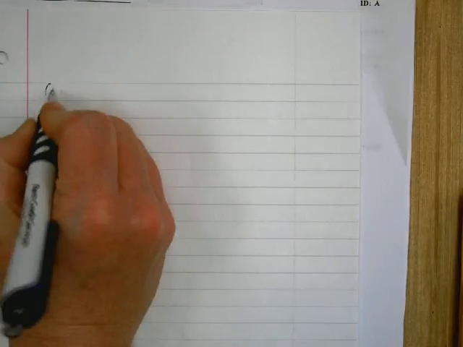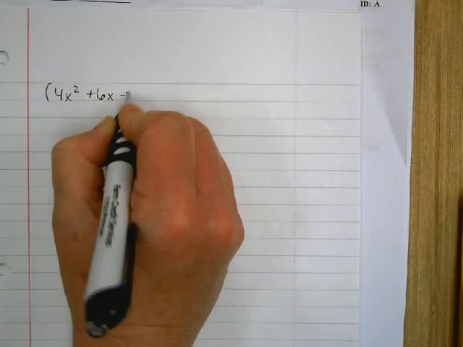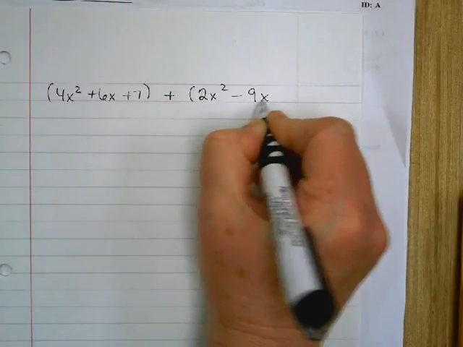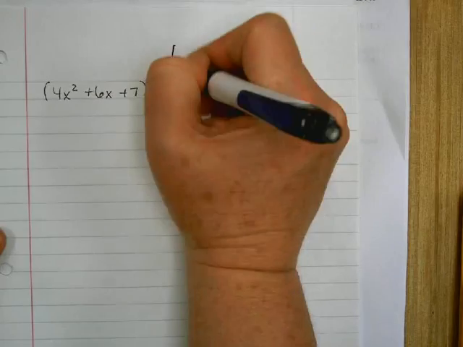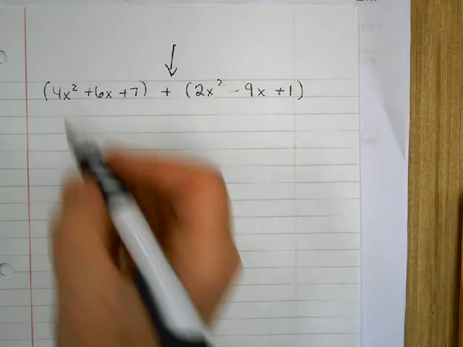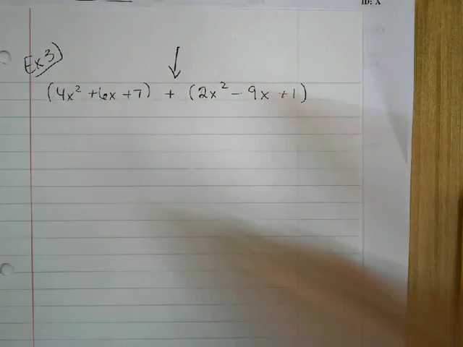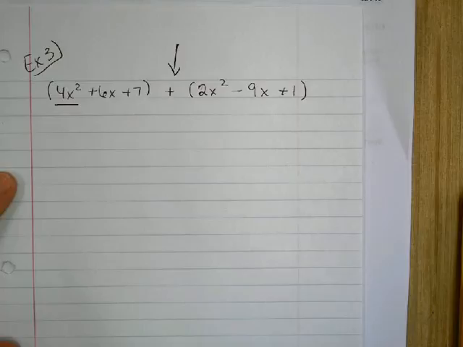Well, they're going to ask you to add these things together. If the symbol between the two, this is example 3, is an adding sign, it's a really easy problem. You just add like terms. That's all you have to do. Is there anything that matches 4x squared?